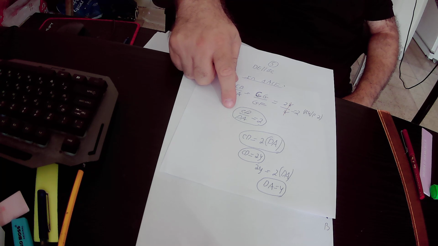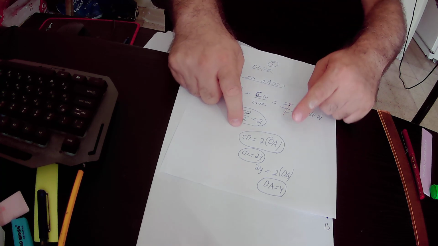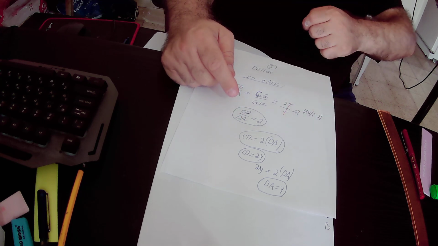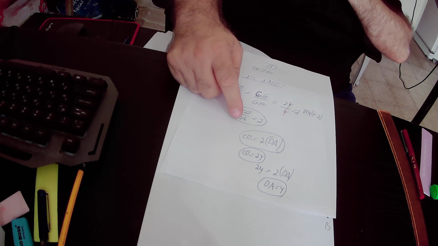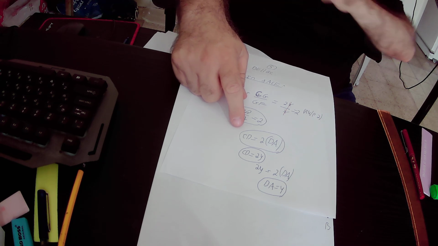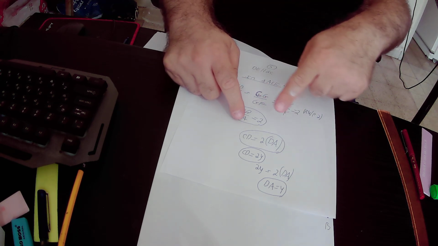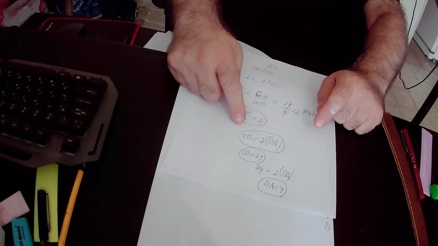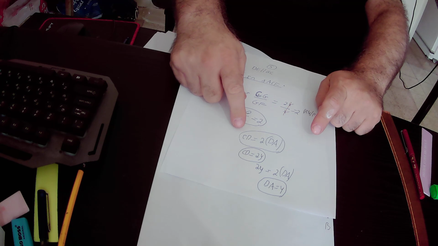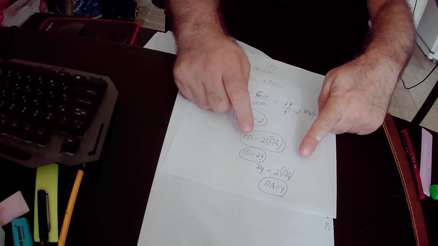And if we multiply this equality by DA, we get that CD equals 2 times DA. That is to say, CD is twice as large as DA. If we define CD as 2y, then we can substitute CD by 2y and get that 2y equals 2 times DA.